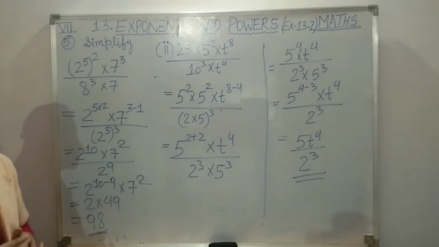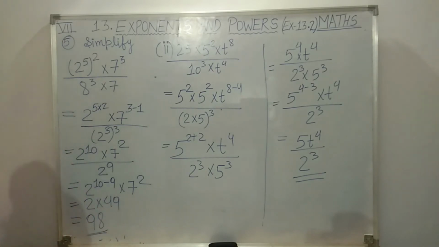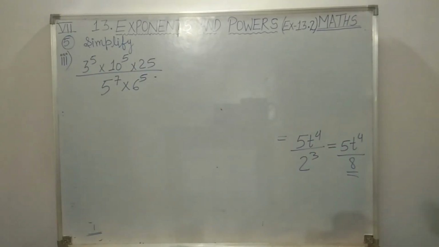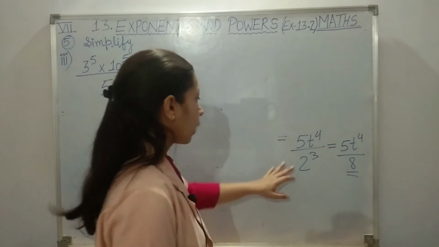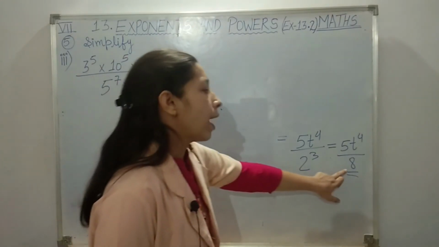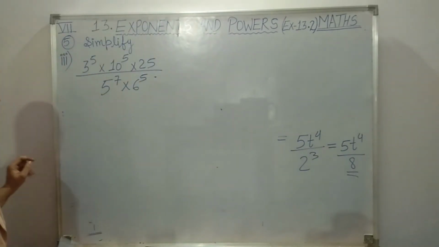Okay, with this we have completed the second point also. Note it down, then we will see the third point also for question number 5. One more thing, students, in the second point you can solve 2 raised to the power 3 also, and write it as 8. Note it down. Let us see the third point now.